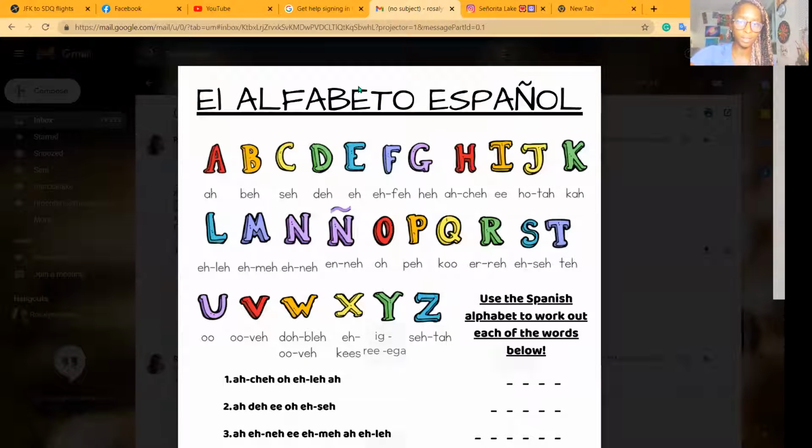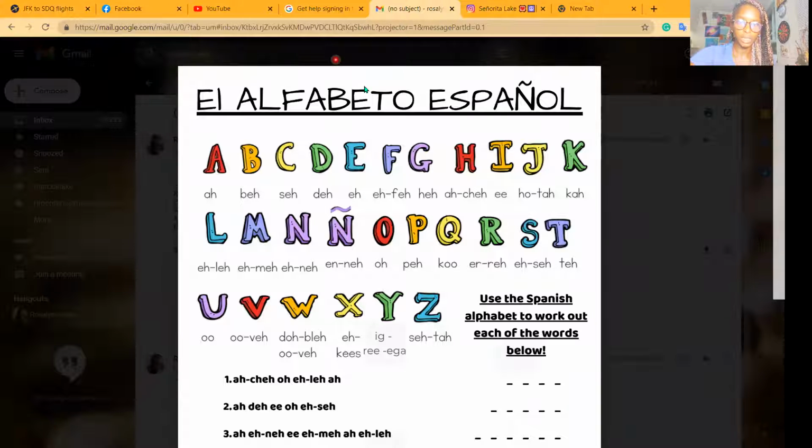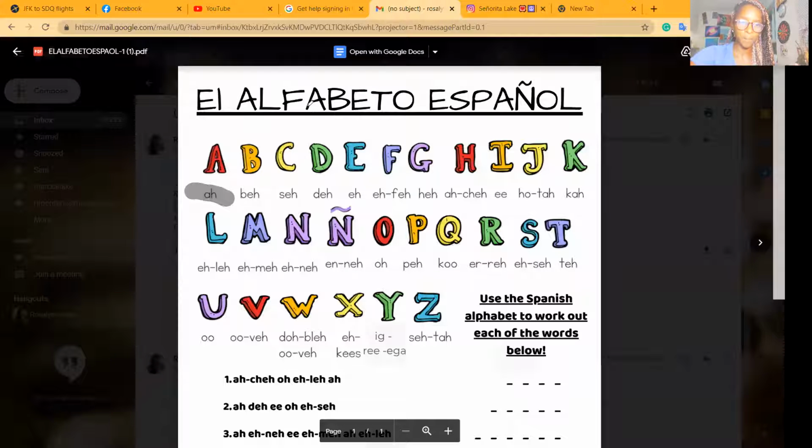A, right here. A ver si esto sirve. A, oh, aquí va. A, oh, maybe not. ¿Cómo yo pongo esto? Ok, aquí vamos. Tienen la A, B. I'm highlighting now the sound.